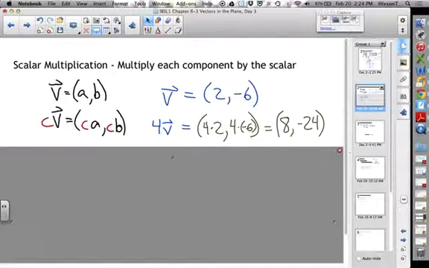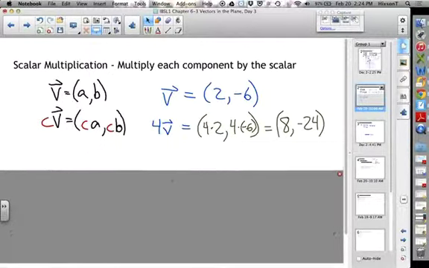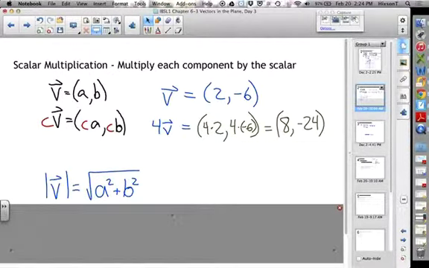Now, one of the things I want to observe here is what this does to our magnitude. Remember from yesterday, we saw that the magnitude was given by applying the Pythagorean theorem, because the horizontal and vertical are perpendicular, so we can use those components, and the magnitude would be like the hypotenuse.